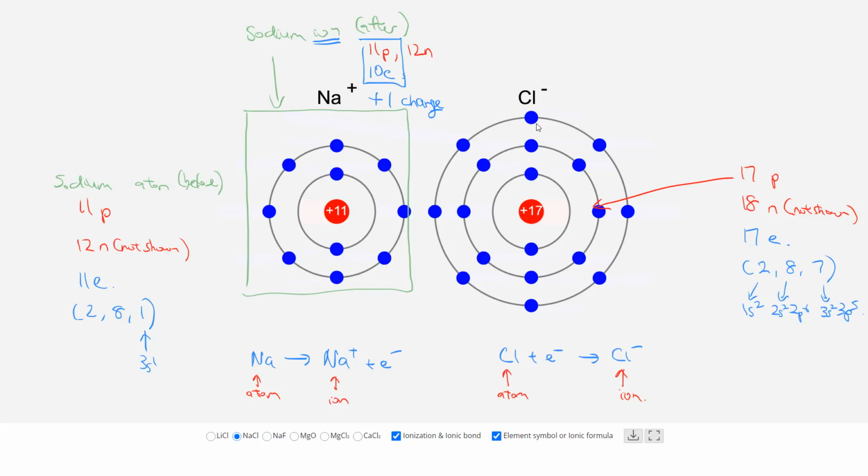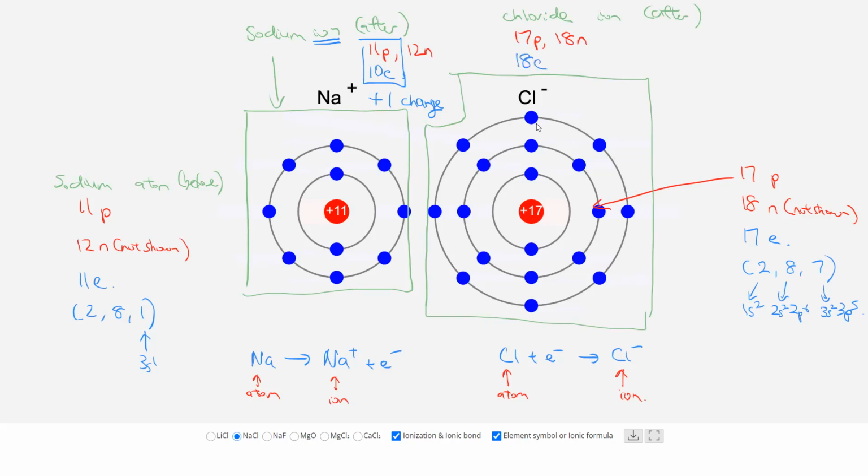Let's now look at the chlorine, which we wouldn't call chlorine anymore. This is what we call a chloride ion. After. Consider what is here. You have 17 protons, still. Nothing's changed in the nucleus. You'll probably still have 18 neutrons, or whatever you started with. But if you count up the number of electrons here, you now have 18 electrons. And if you compare the number of protons against the number of electrons, they are no longer equal.